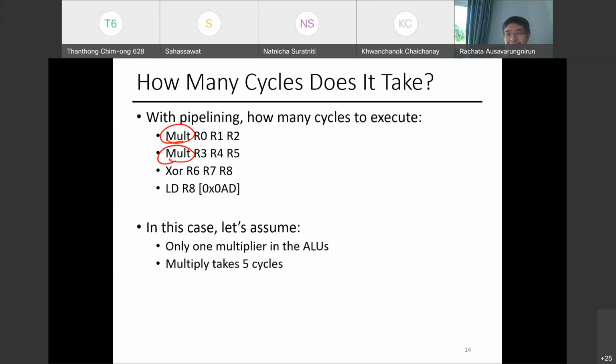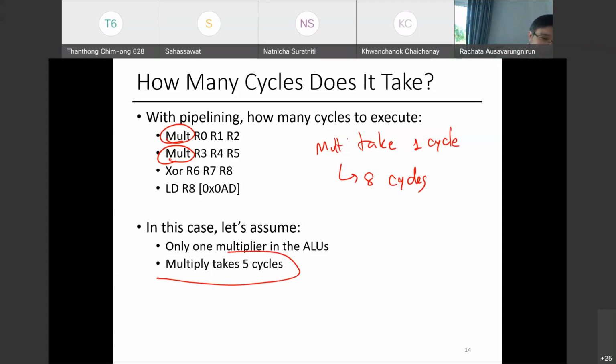Why is that the case? If multiply takes 1 cycle, in total it will take 8 cycles. Same thing, because the first multiply is in the execute, the other multiply is in the decode. They can move on in the next cycle.